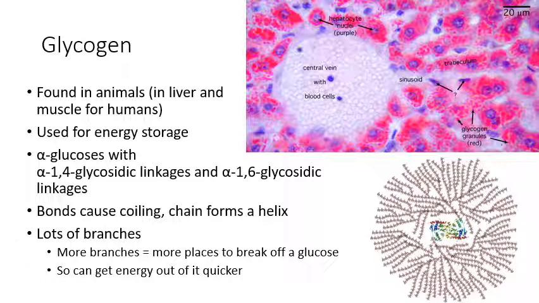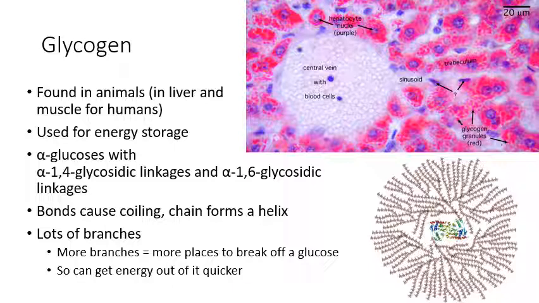Starch, even if it has branches, usually doesn't have that many branches. Glycogen has a bunch of branches though, so it has a lot more branches than starch does. That basically means that it's easier to break glycogen down to get glucose out of it, so that if you need energy, you can get that energy very quickly.